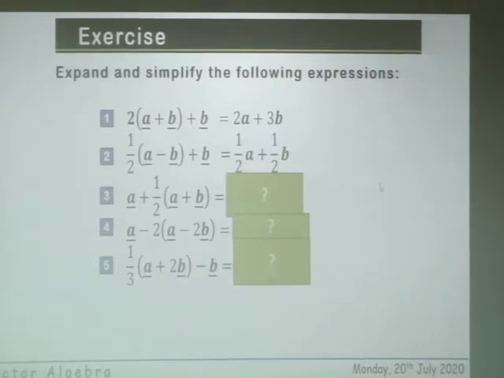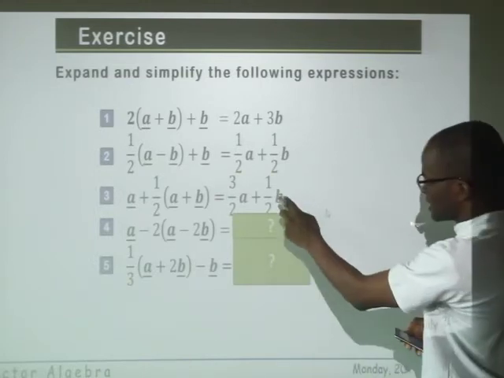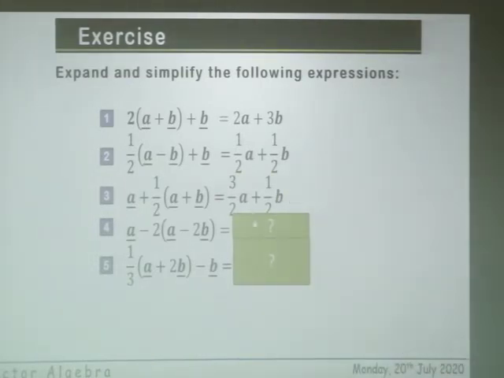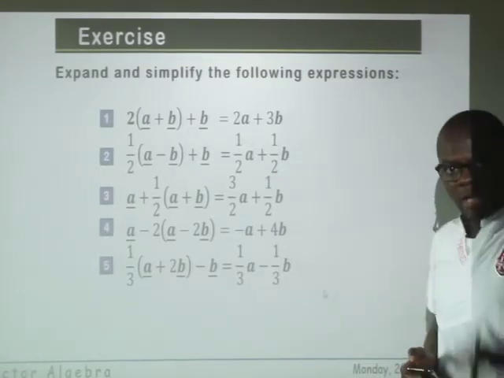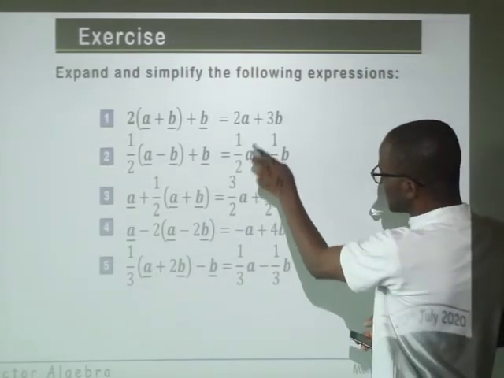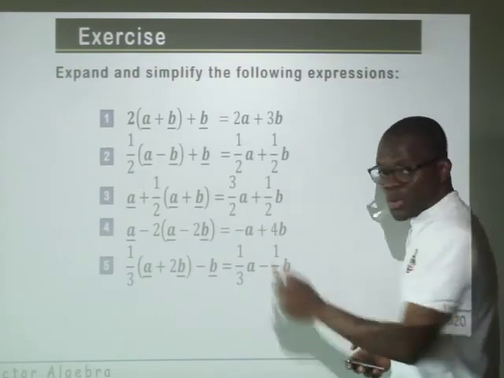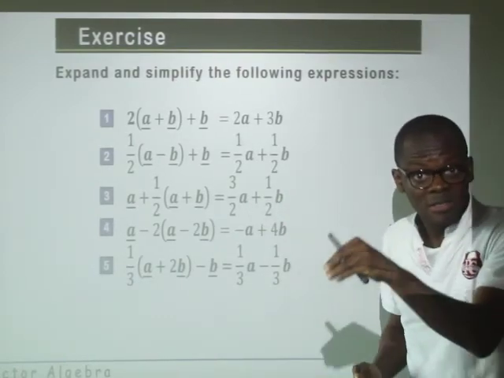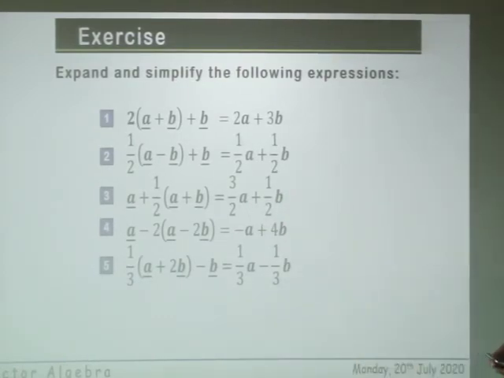Number 3, you should get 3 over 2 A plus 1 over 2 B. And then number 4, that is expected to be your answer. And then finally number 5, that is your answer as well. And please, as I said, always make sure you put the underline at the bottom of those letters to show that they're vectors. It's very important.